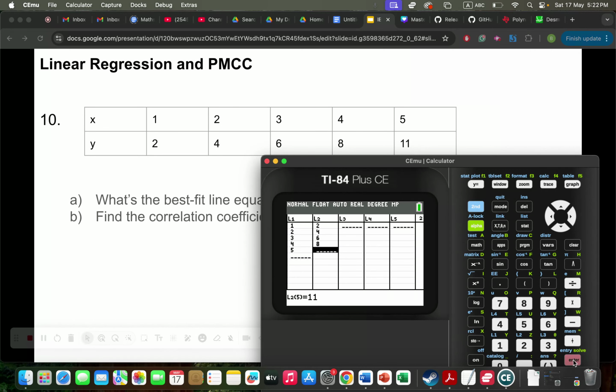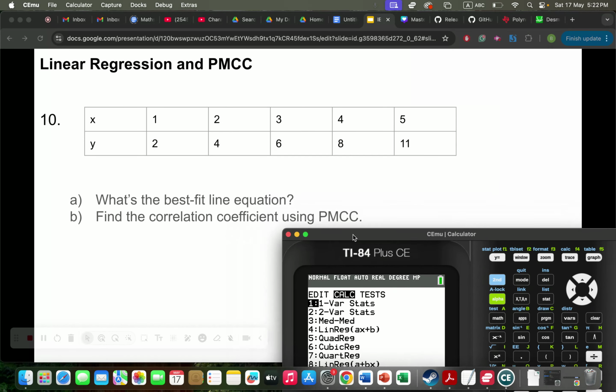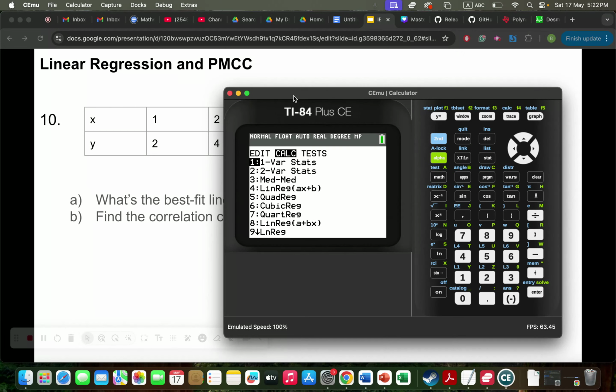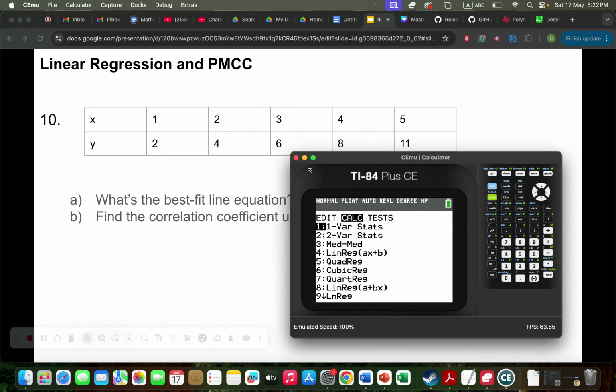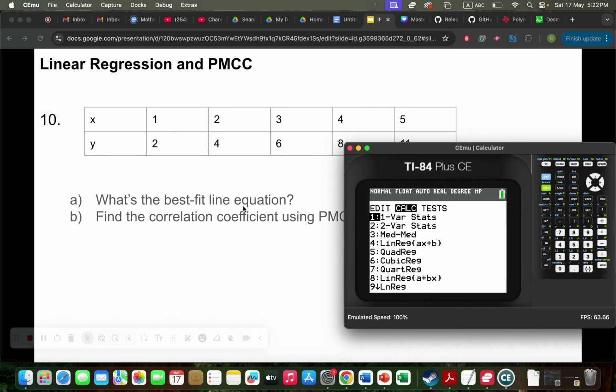Okay, and we're done. Then we go to stat, we go to calc. Since we are trying to find part A and B, we're going to do them together at the same time. What we want to do is choose linear regression, because linear regression basically finds us the best fit line equation.